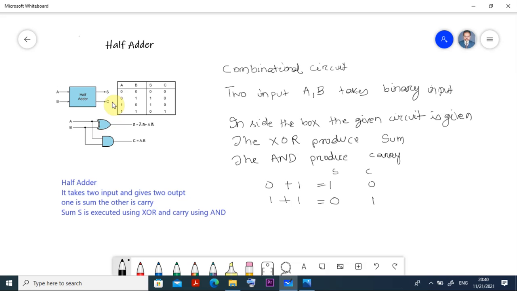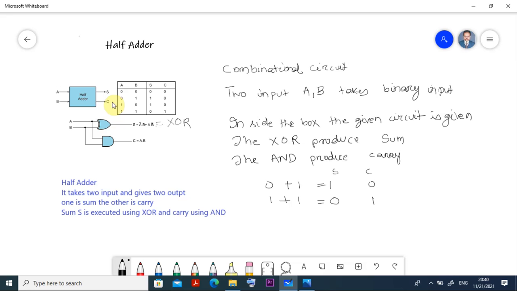So the sum we can represent by the exclusive OR gate. Exclusive OR is represented as A complement B plus A into B complement, or we can say it is represented as the exclusive OR gate, XOR.